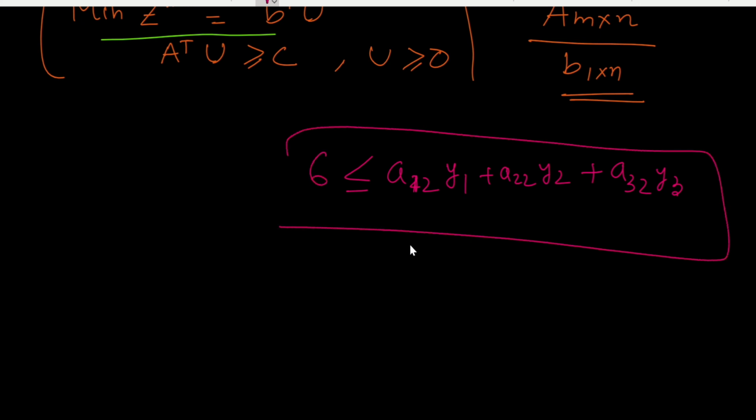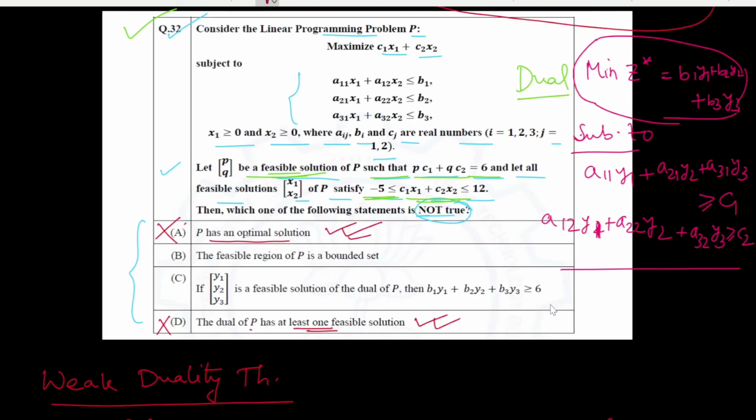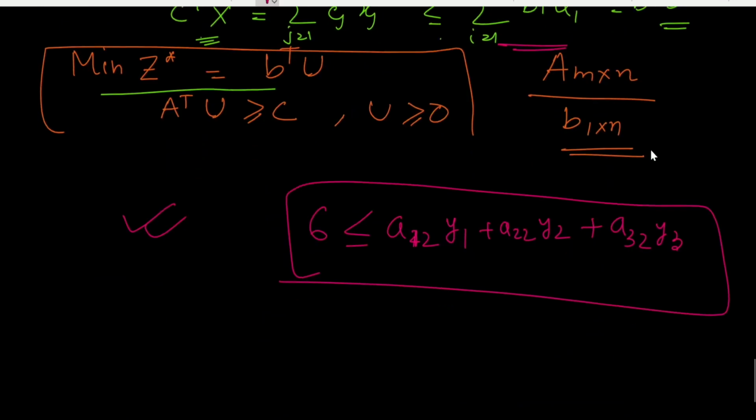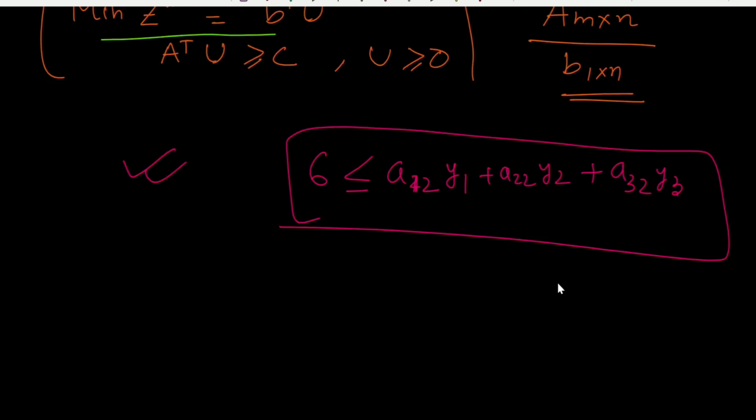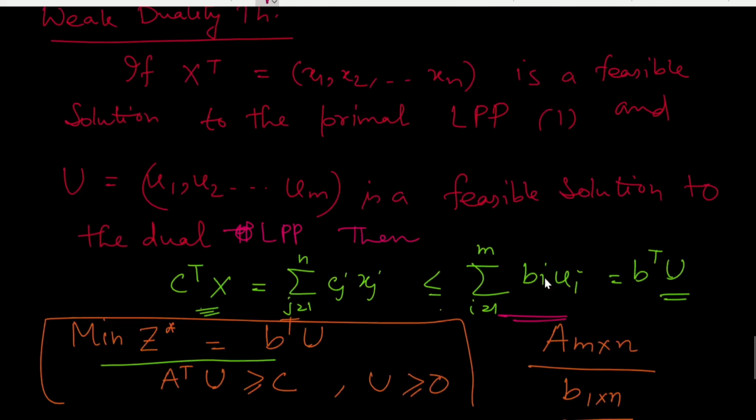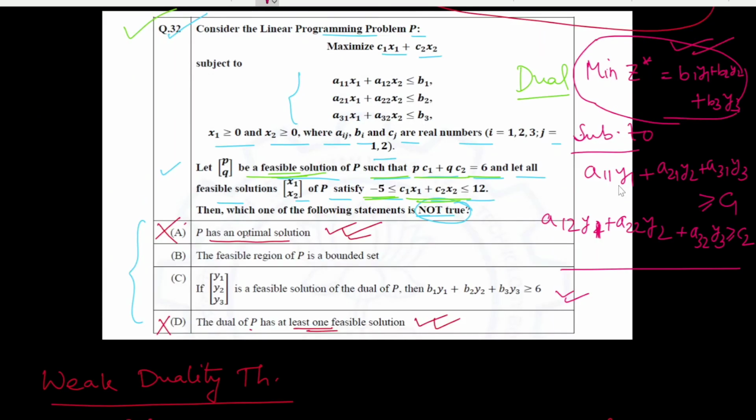So this is also a true option, so the C option is also a true option. The constants here are b1, b2 and b3: b1 y1, b2 y2 and b3 y3. This is the optimization function. So the C option is also a true option, therefore not the answer.